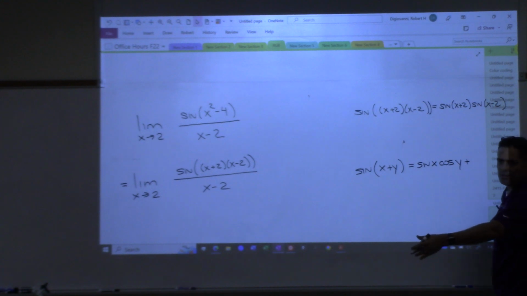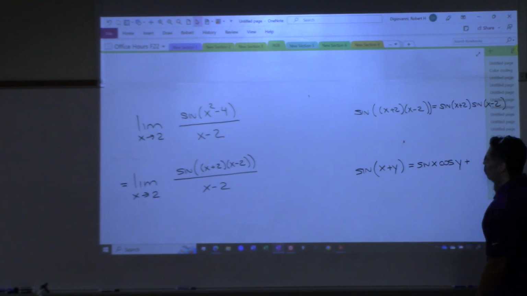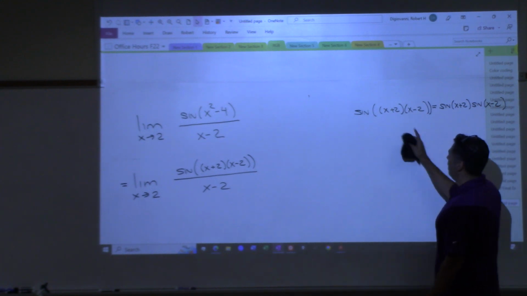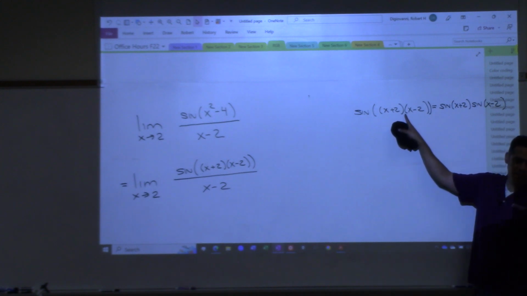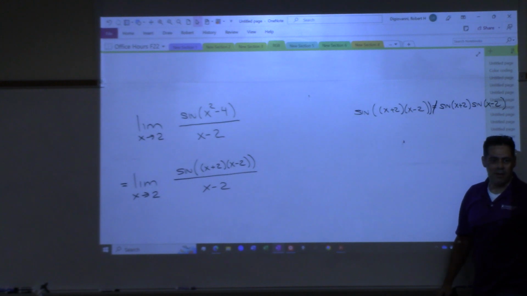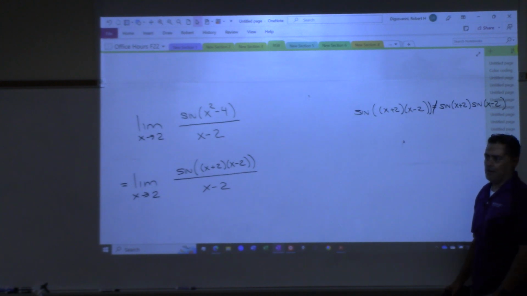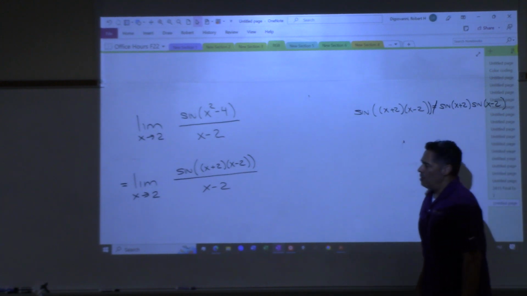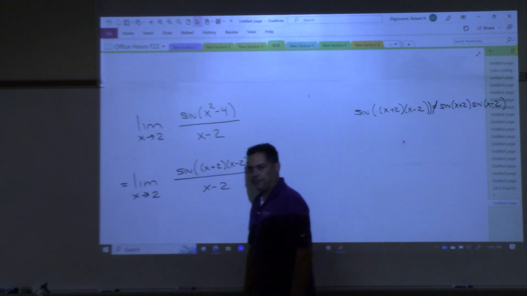It's your sum and difference formulas. So I'm not going to use that. This is not even addition, it's multiplication inside. So no, can't do it. Unfortunately, there's no way to split this up.